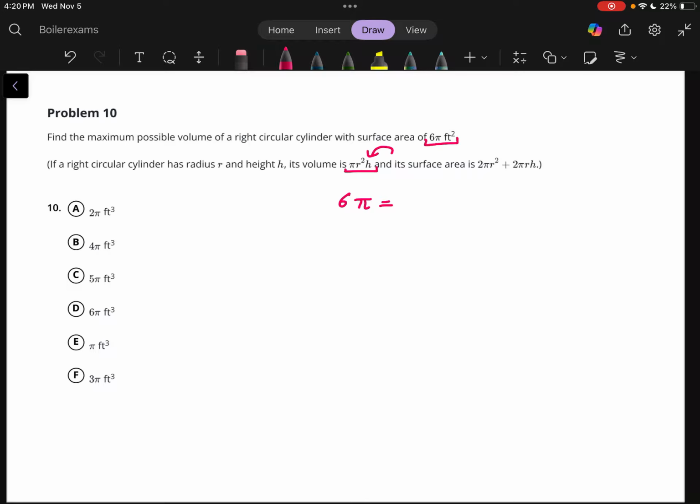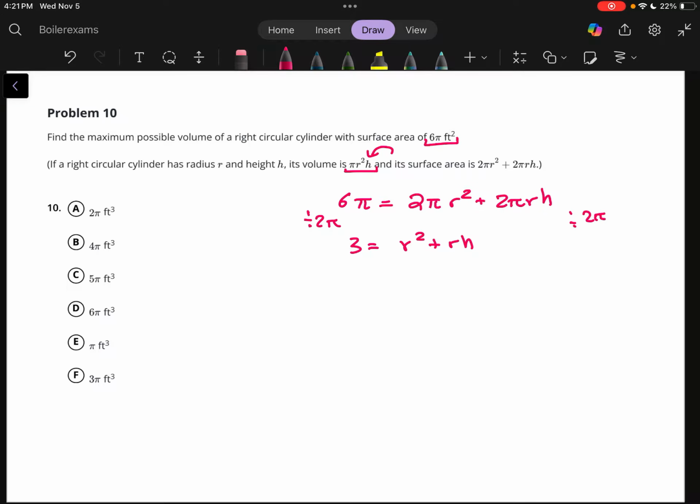Okay, so we're given that the surface area is 6 pi, and the formula for surface area is 2 pi r squared plus 2 pi r h. So I'm going to divide by 2 pi on both sides to get 3 equals r squared plus rh.